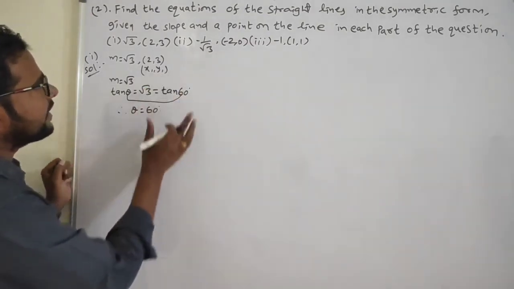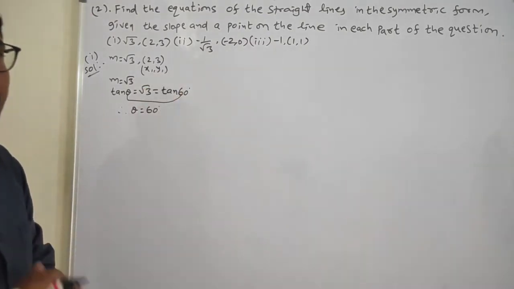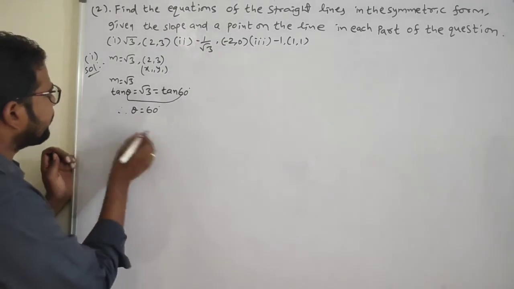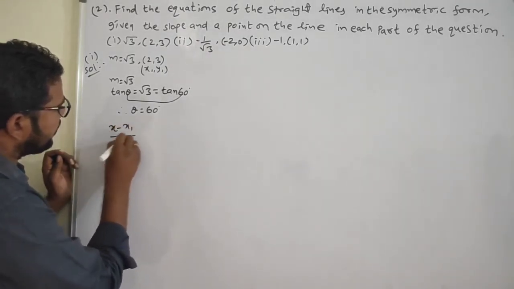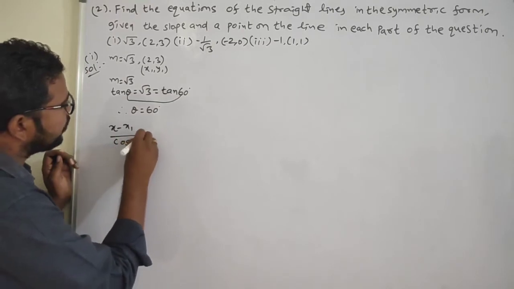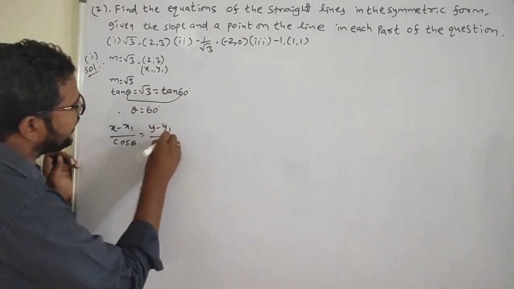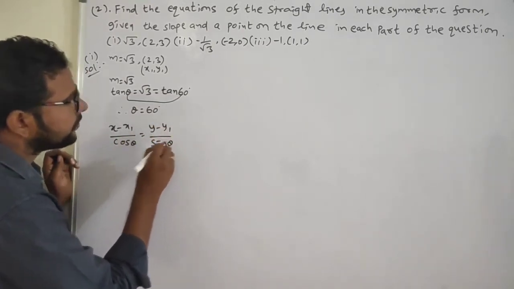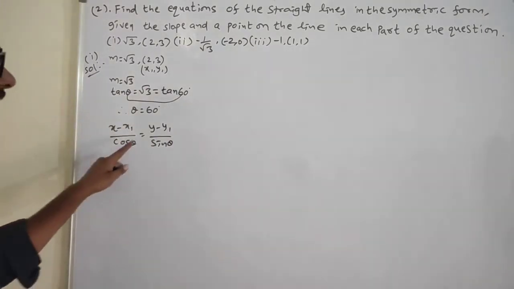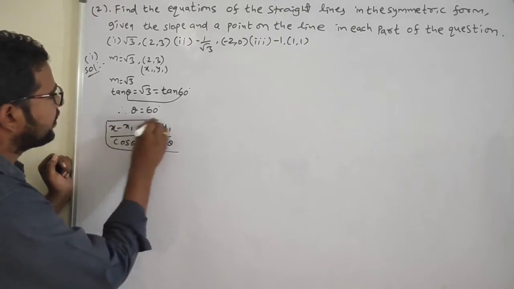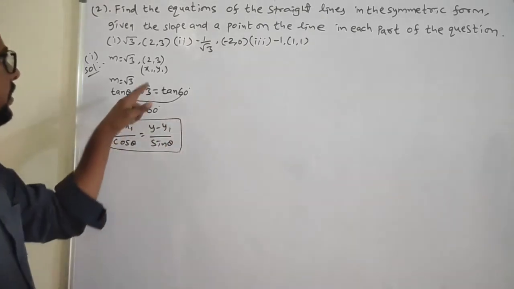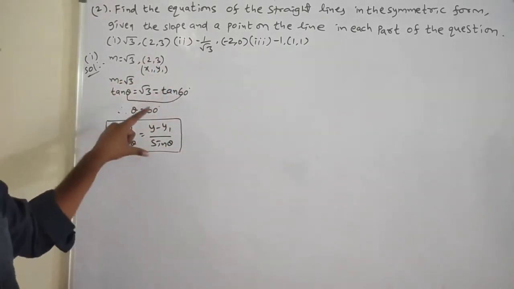So now we are writing symmetric form. What is symmetric form? Symmetric form is x minus x1 by cos theta is equal to y minus y1 by sin theta. Substitute x1 y1 and theta value in this form.